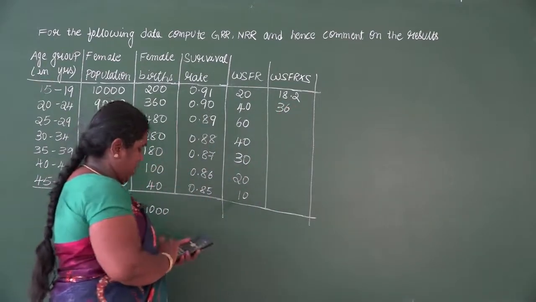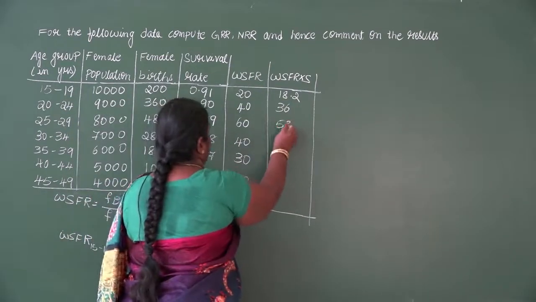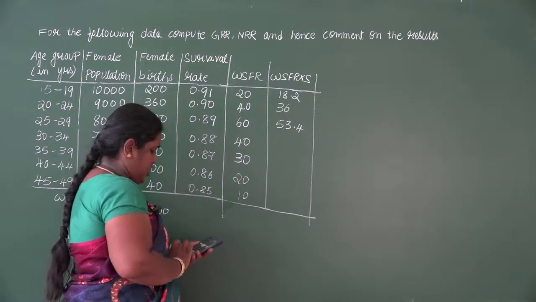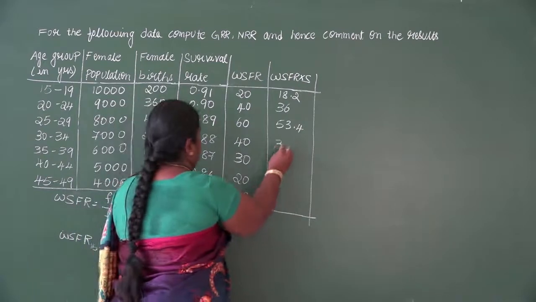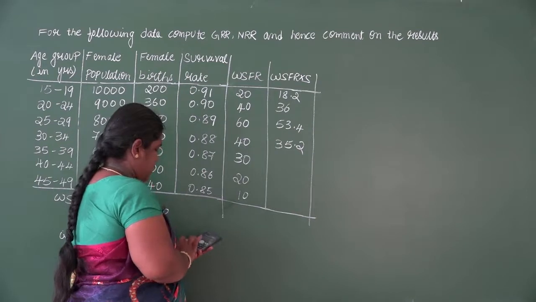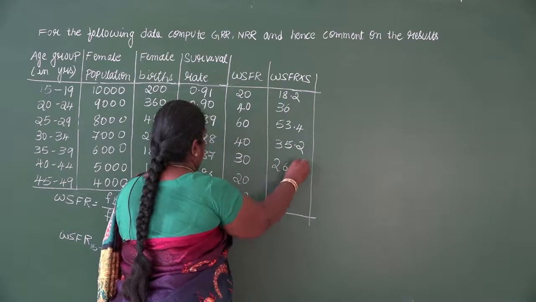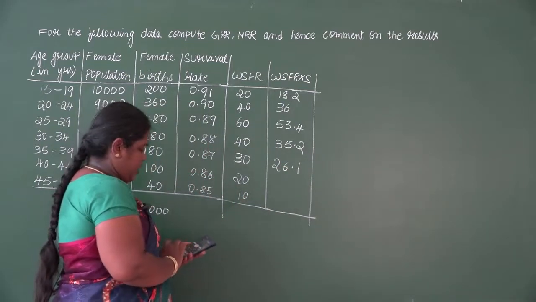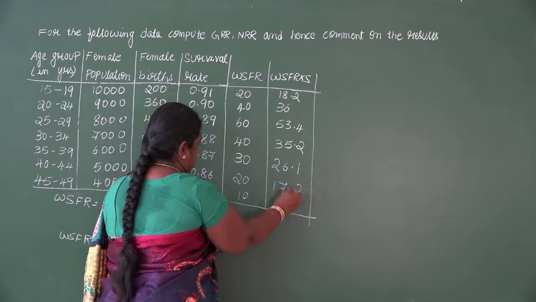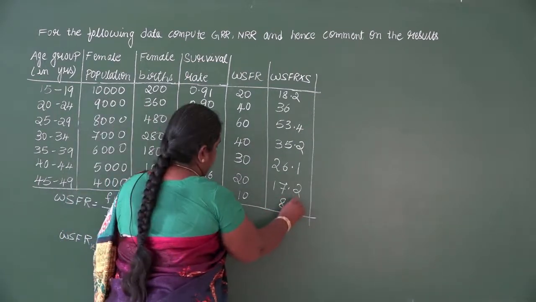Then 0.89 into 60, 53.4, 0.88 into 40, 35.2, 0.87 into 30, 26.1, 0.86 into 20, 17.2, and the last one 0.85 into 10, 8.5.